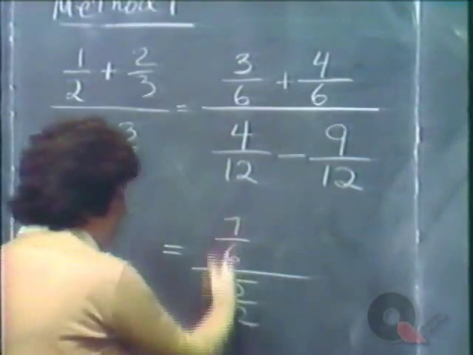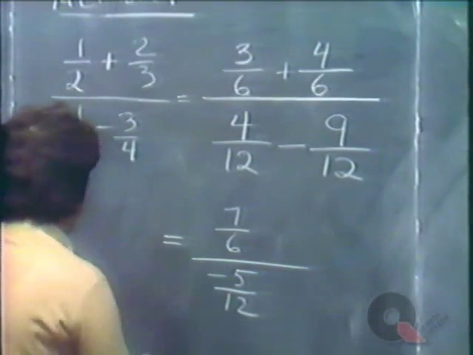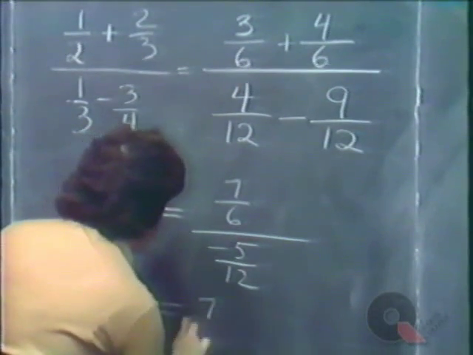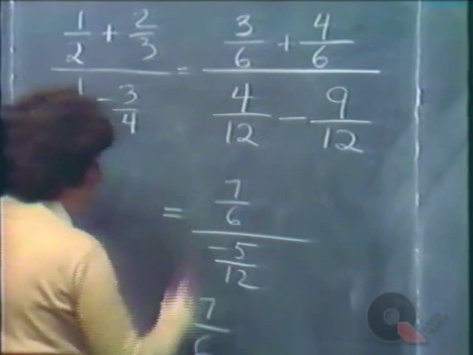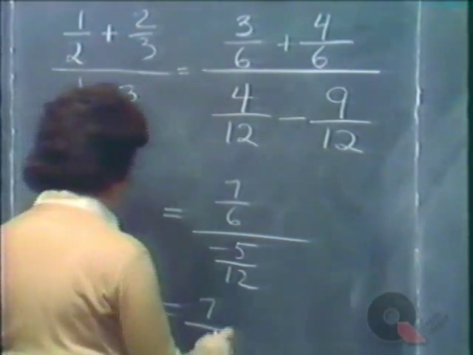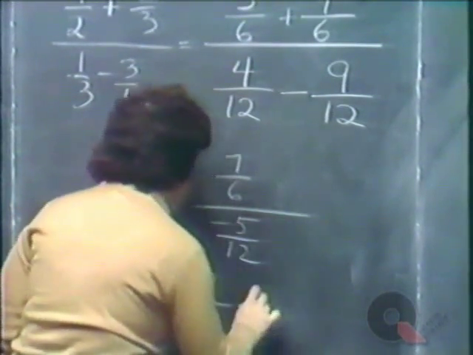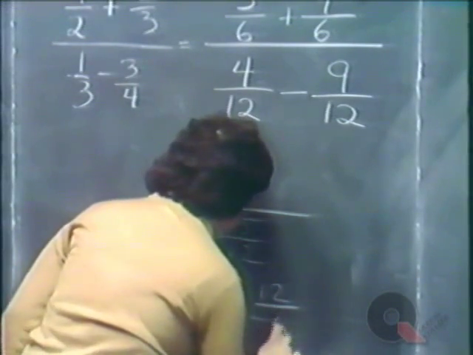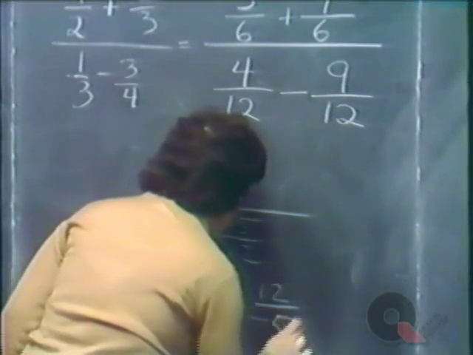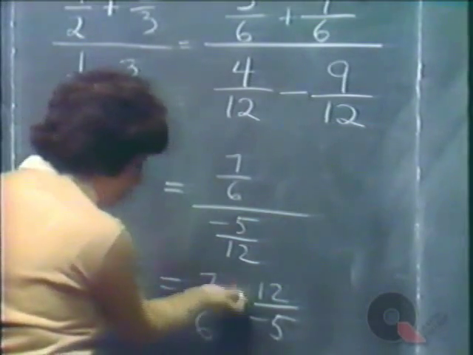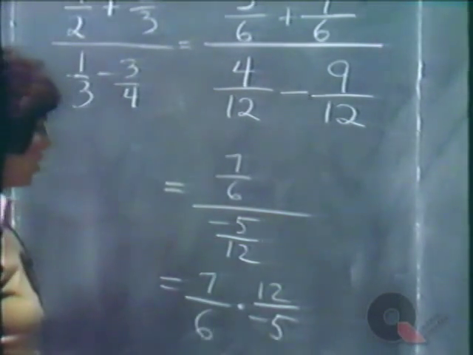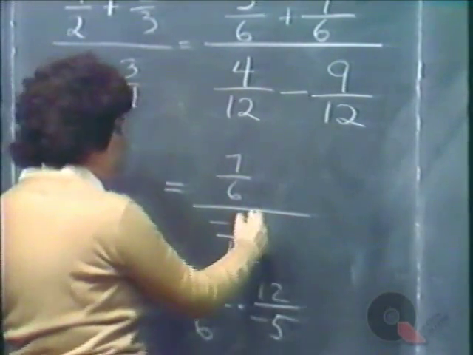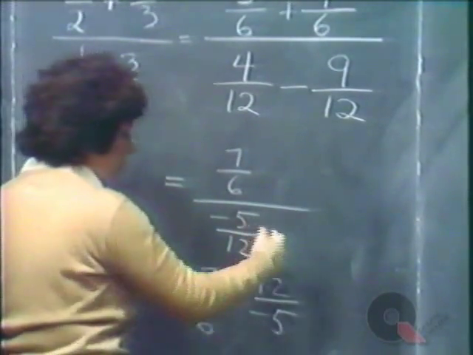Okay, now, how do we divide fractions? We invert and multiply. So instead of 7/6 divided by minus 5/12, we're going to make it 7/6 times 12 over minus 5. You can put the minus sign either in the numerator or the denominator, or just keep it in front of the fraction. We invert and multiply by 12 over minus 5.